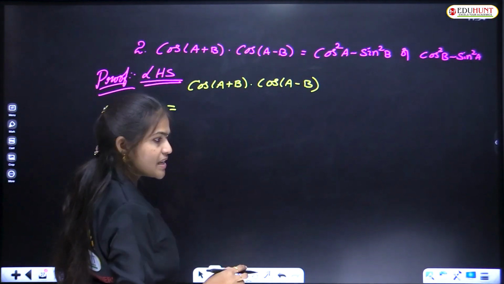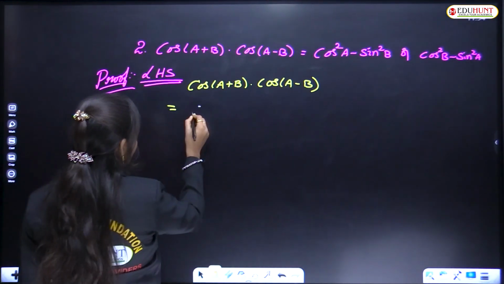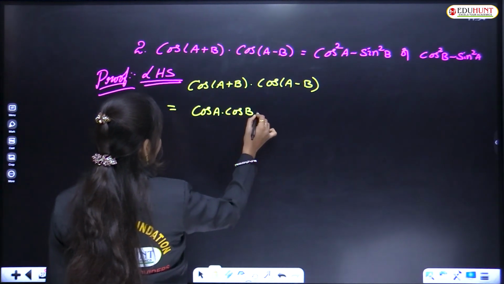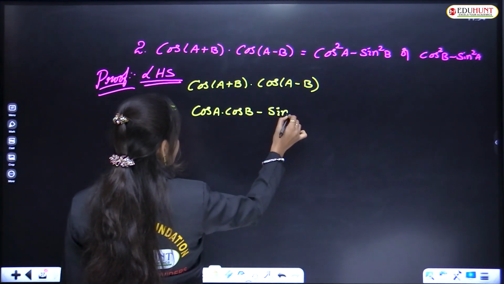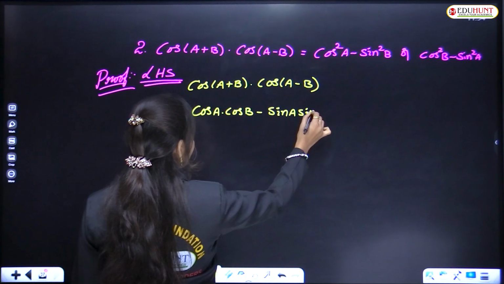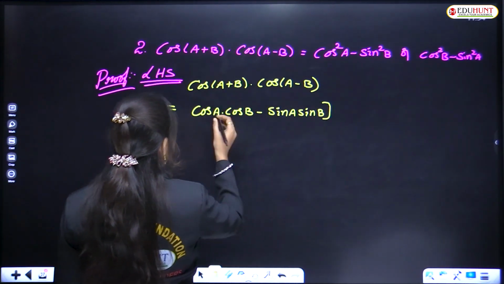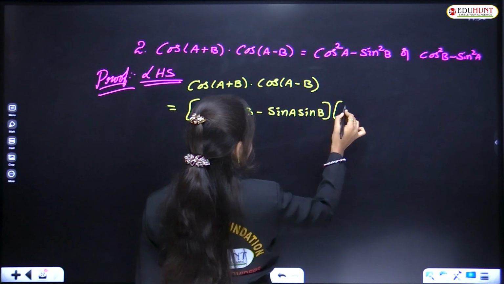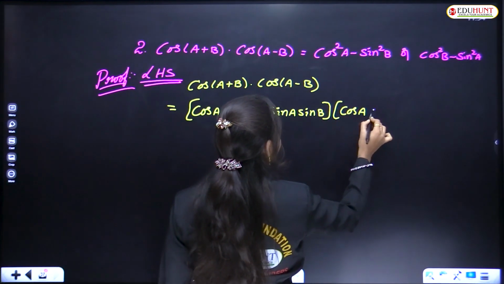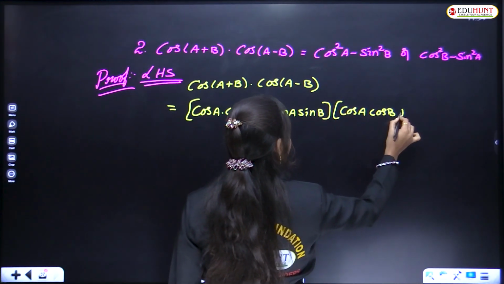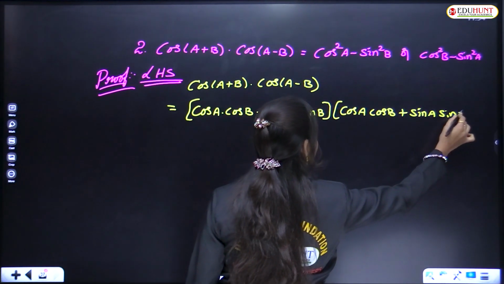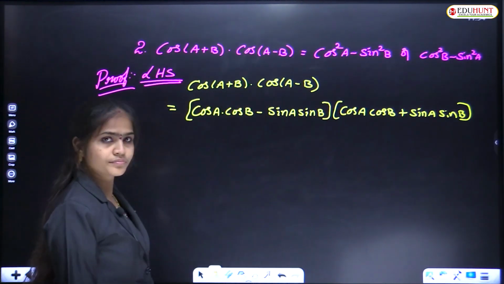So the cos of A plus B formula is cos A cos B minus sin A sin B, into cos of A minus B, which is cos A cos B plus sin A sin B. Clear?